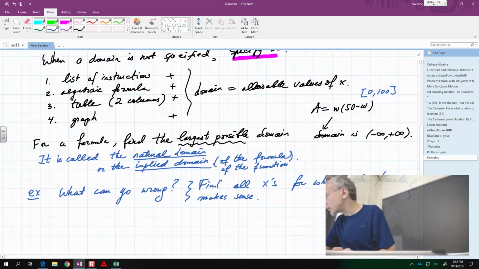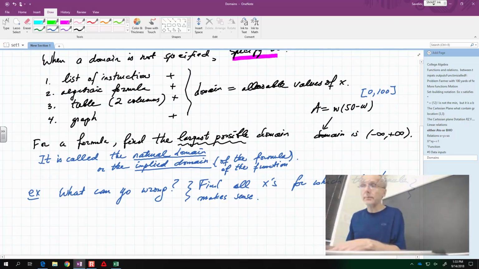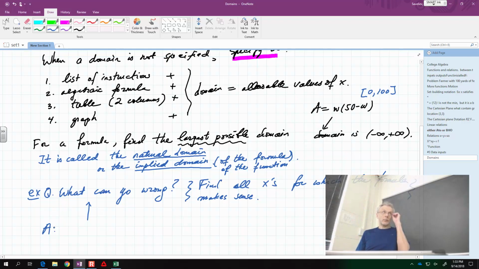So what can go wrong? What's most likely to go wrong in algebra? Algebraic operations. What algebraic operations are not legal?